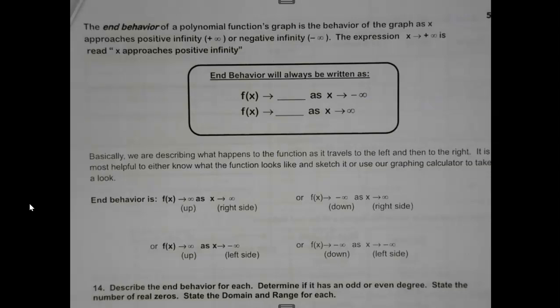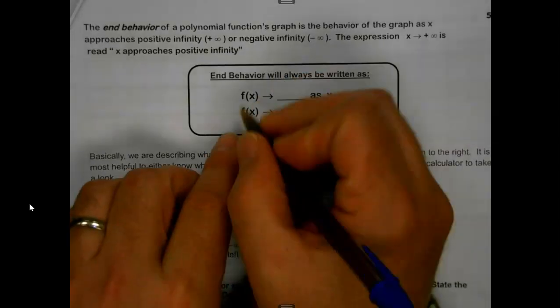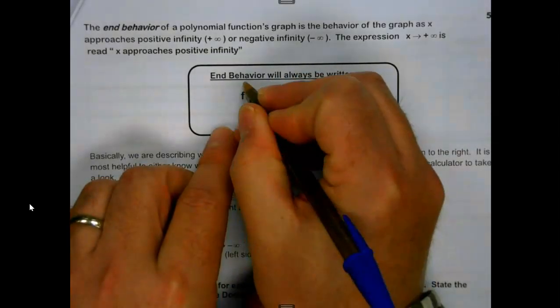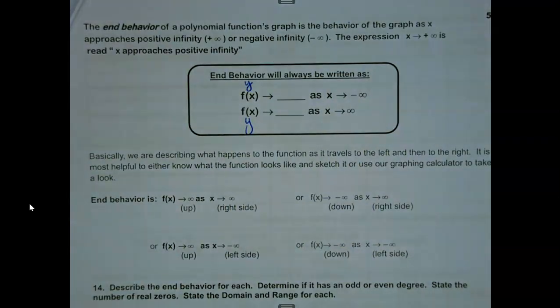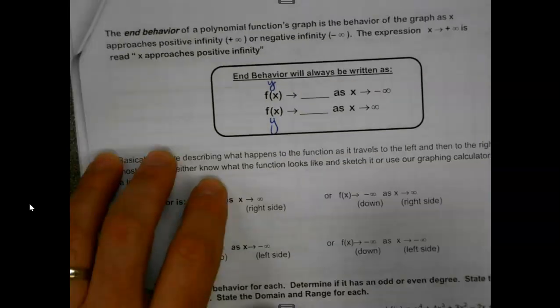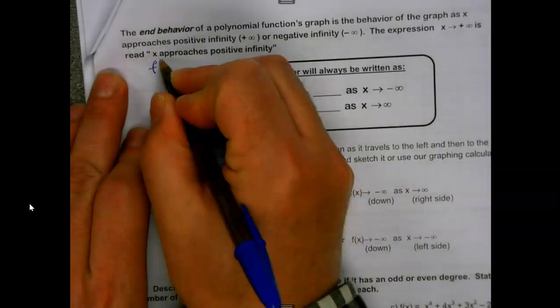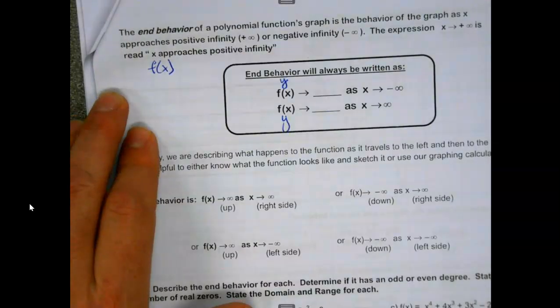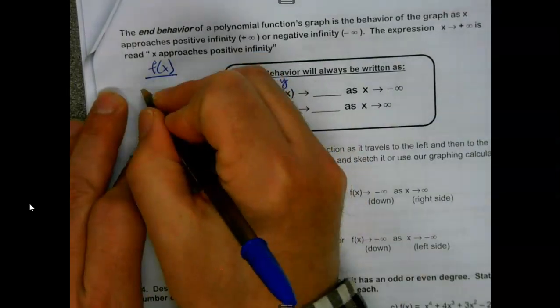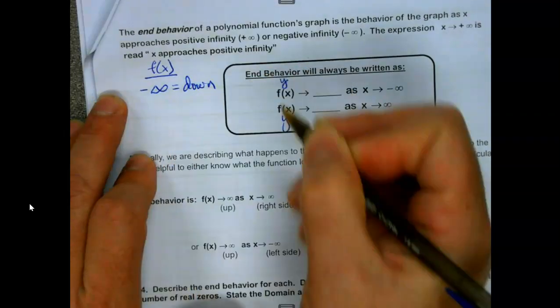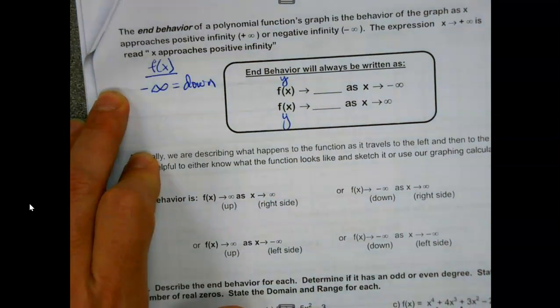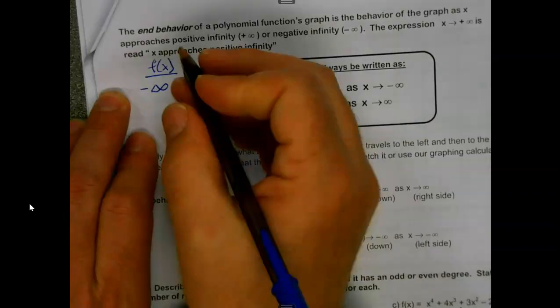So, just a reminder of a couple of things. Remember, f of x is just a fancy way of saying y. So when we're talking in f of x or y terms, negative infinity is the same thing as your graph going down, to negative infinity on the y-axis.